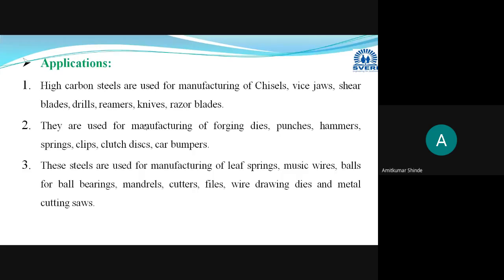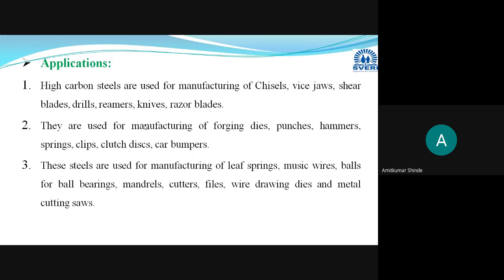Okay, it is very easy to remember this. Just visualize all the equipment available in the workshop which you visited in your second year. Different types of chisels are there, then vise jaws, shear blades, different types of drills which you have used, and different types of reamers.